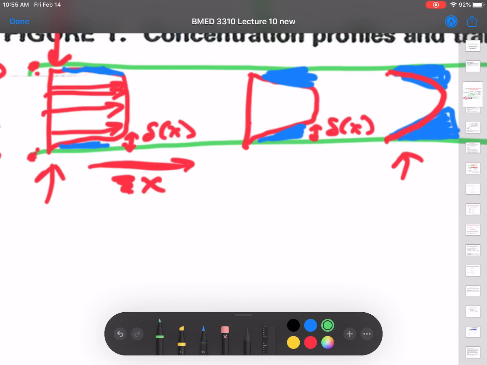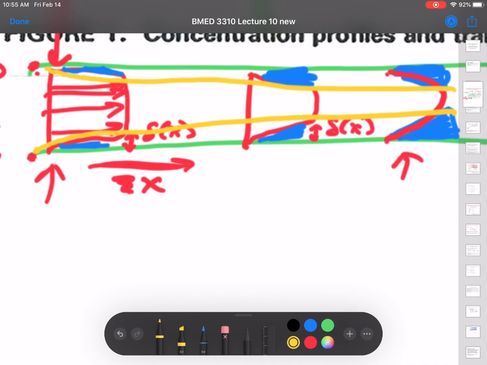Let me take another color, yellow. If I draw the width of the boundary layer, it looks something like this until it reaches the center line, and we have fully developed flow, which I haven't finished.